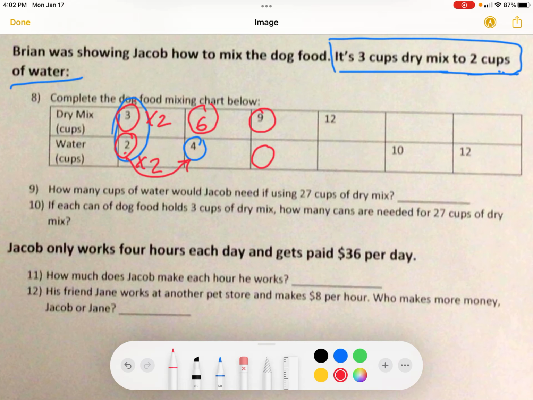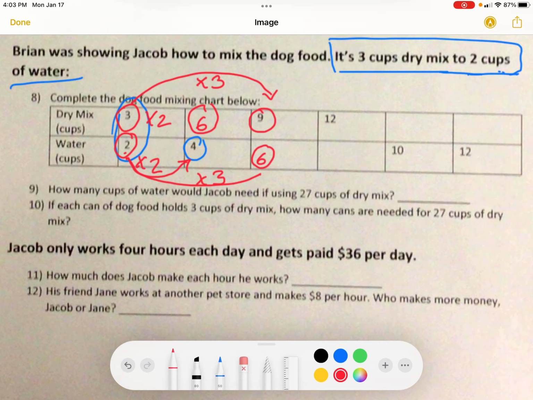My original recipe was 3 cups and now I have 9 cups. So my recipe increased by 3 times. So I'm multiplying by 3. 3 times 3 is 9. I'm going to do the same thing with the water. 2 times 3 gets me 6. So if I have 9 cups of dry mix, I'm going to need 6 cups of water.